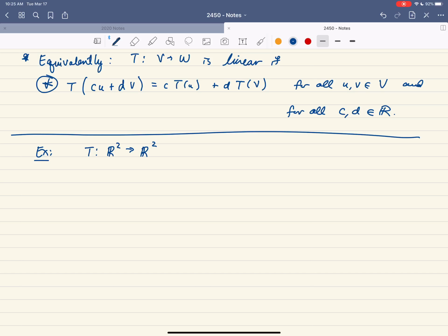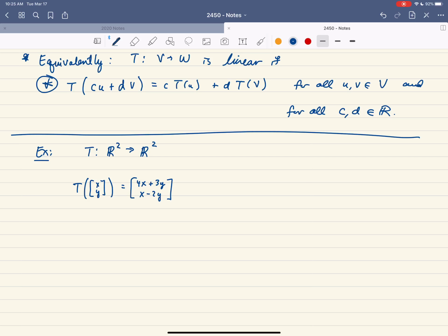So let's start with a completely explicit linear transformation. I want to just completely write it down and then we'll talk about it. T of (x, y) is going to be (4x + 3y, x - 2y).